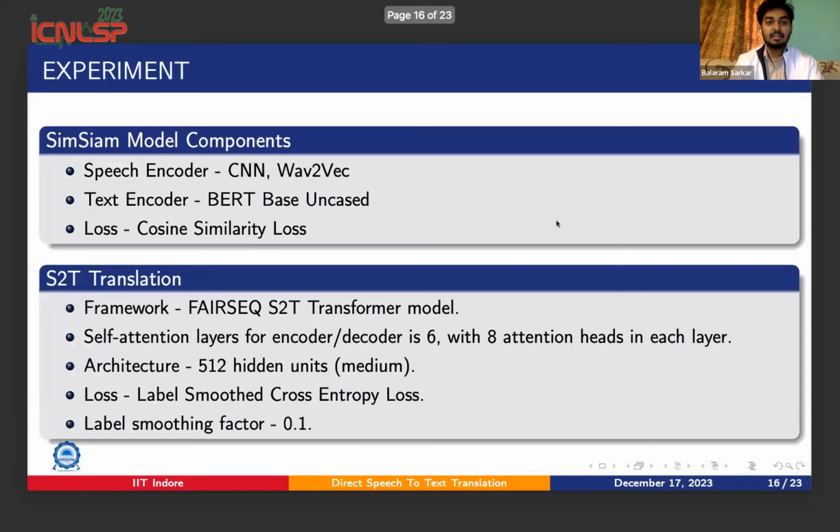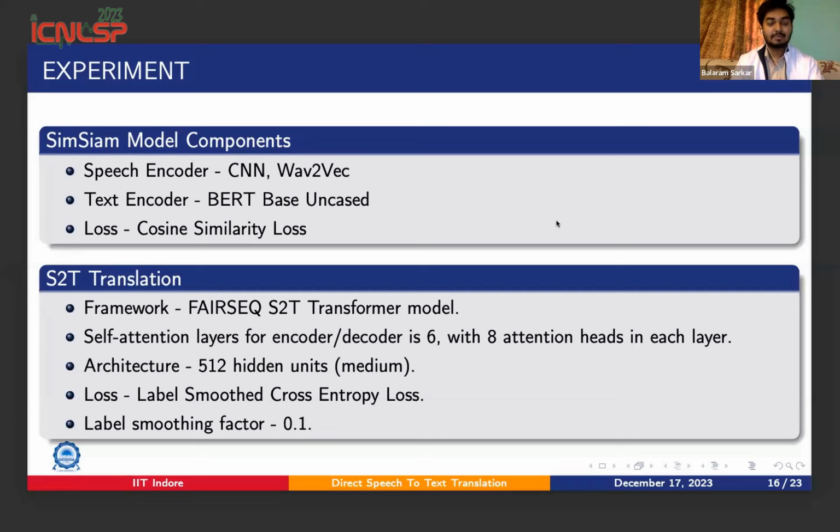And these are the details of the components that we used for SimSiam. The speech encoder was CNN and wav2vec. The text encoder was BERT-base-uncased. The loss for the SimSiam training was cosine similarity loss, where it calculates the cosine distance to give a meaningful representation for both of them by calculating the overall distance.